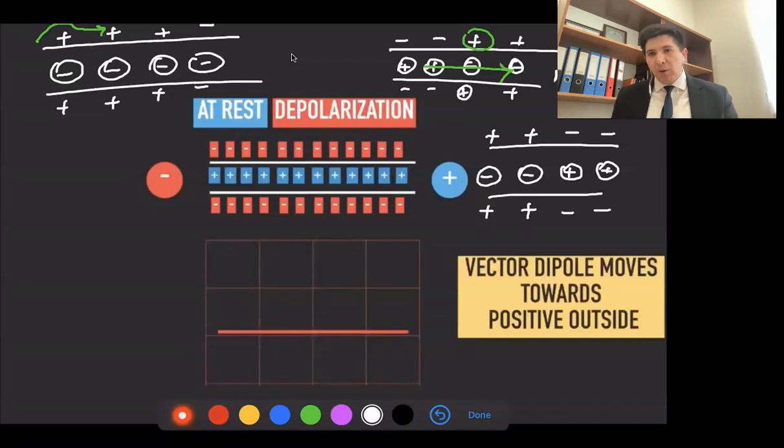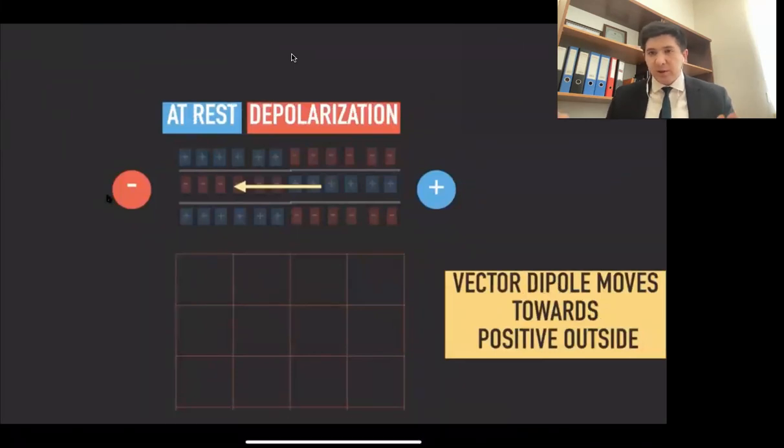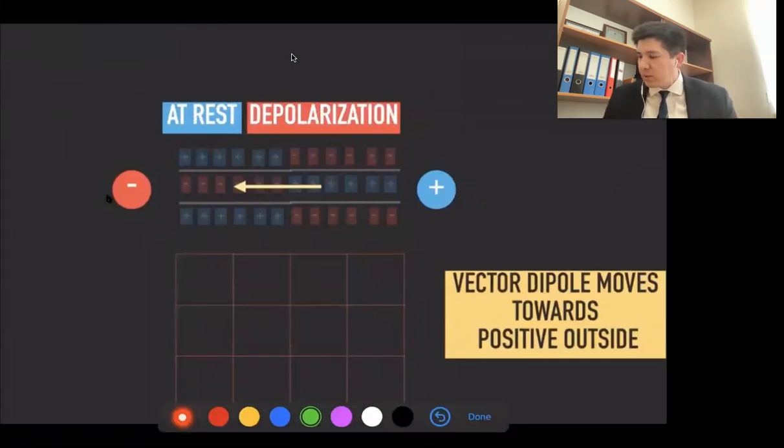So is there a dipole now at this stage in this graph? Is there a dipole vector? Yes. And it moves in which direction? Do you remember? It moves in the direction of the positive outside. Now it moves in this direction, right? Because you've got positive outside, okay? So it moves in this direction, and what you are going to have on the graph is, do you understand this? I'm just showing this in this graph.